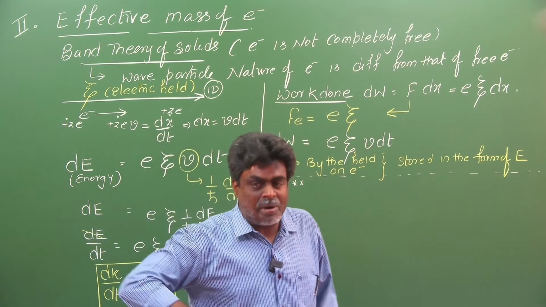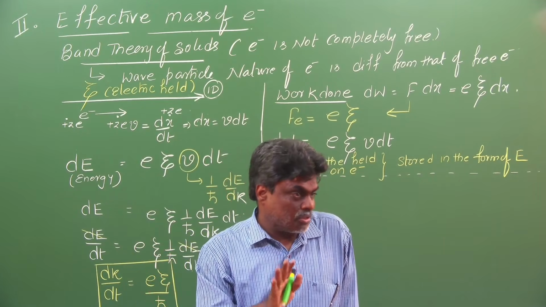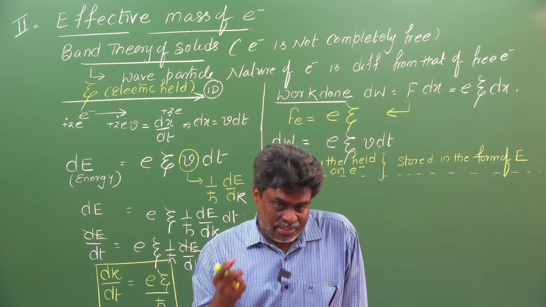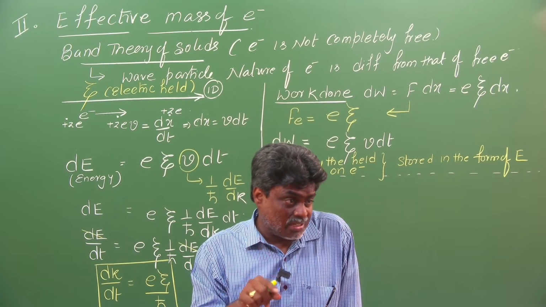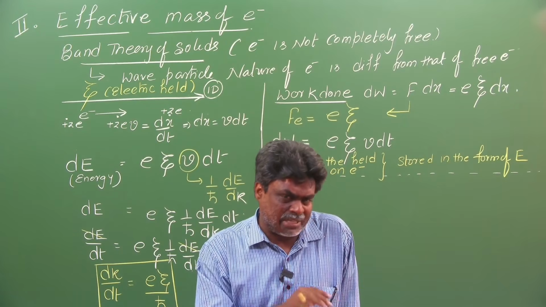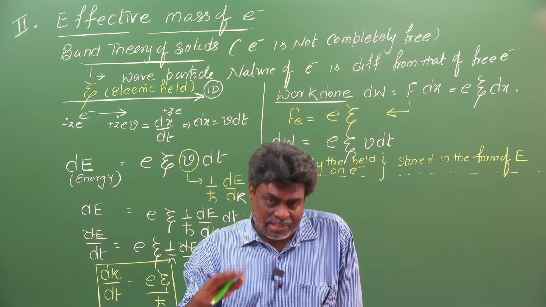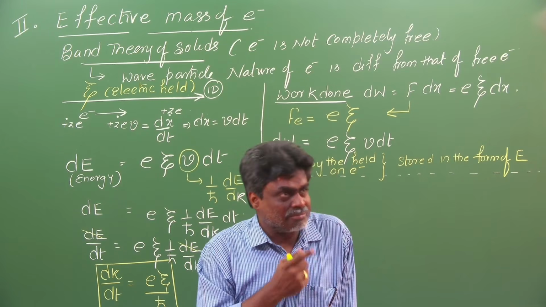That's why it is not a free particle. A free particle means no force, no interaction. Whenever it is free, its mass is m. Now here your electron is moving under some electric force, because your lattice contains positive ions, which give the electric field. In that electric field your charged particle is moving.